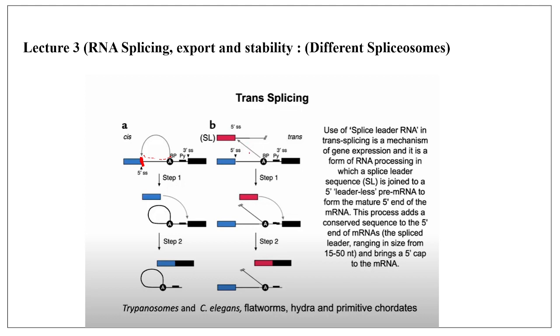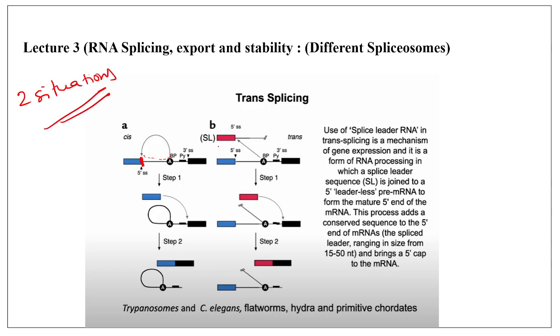Now here, trans means something from outside is coming. You do not have an exonic branch point; there can be two situations.